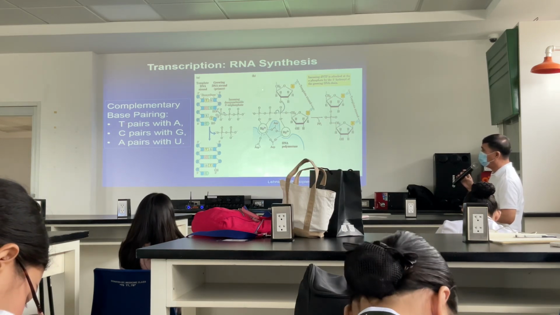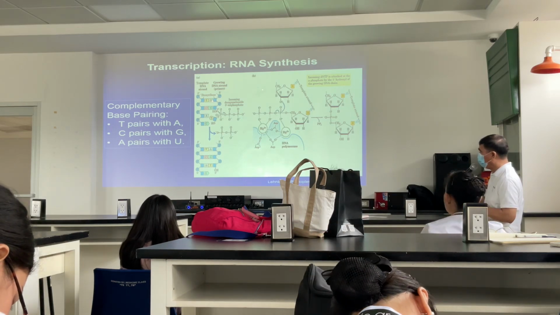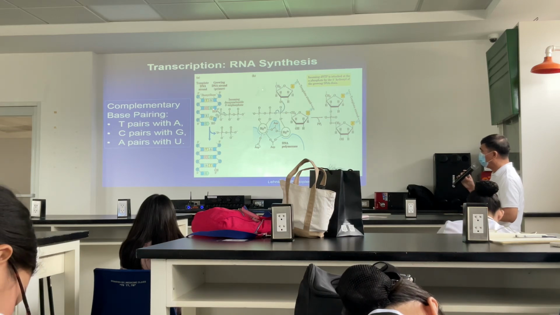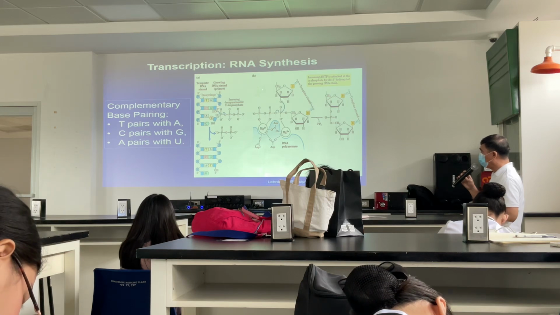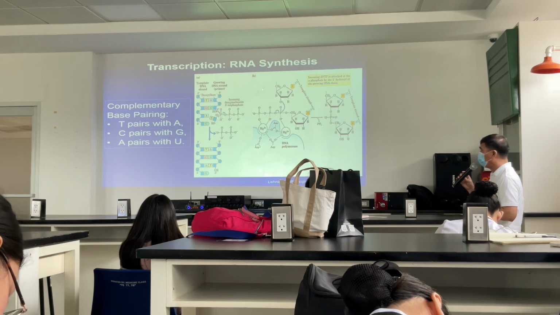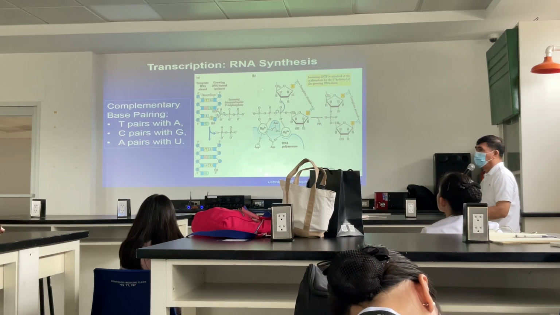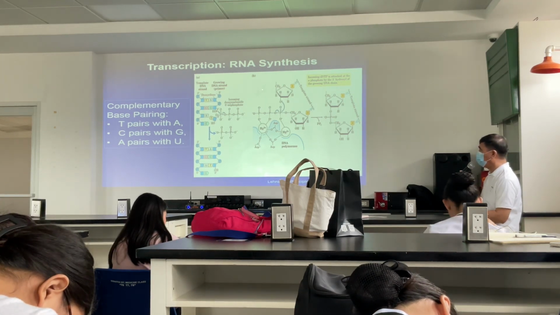So the ribonucleotide on the growing mRNA will be adenine. If it is cytosine, it pairs with guanine. If it is adenine, the next base in the mRNA should be uracil. So that's complementary base pairing in the synthesis of an RNA molecule.